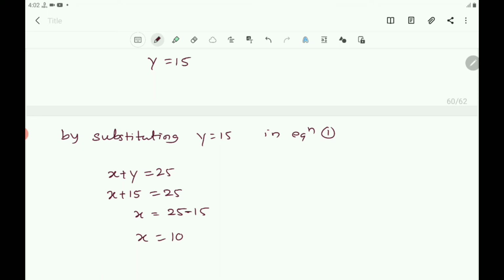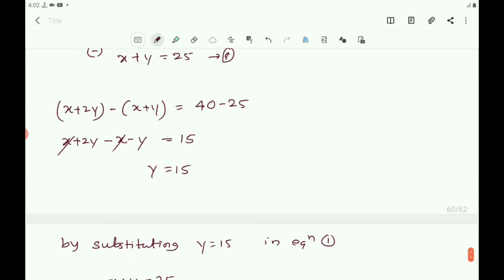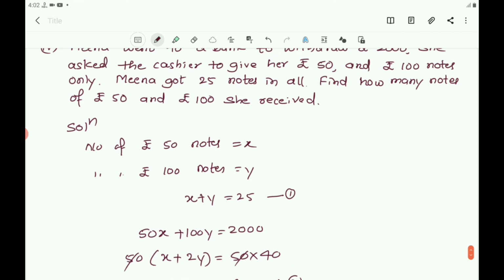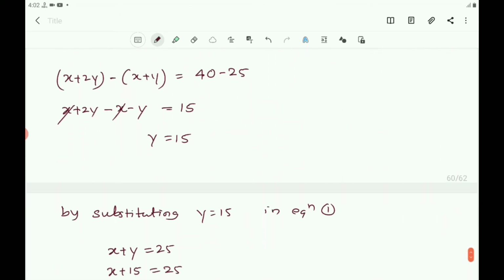So what you can see here? Here 50 rupees notes are 10 and 100 rupees notes are 15. How many 50 rupees notes are there? 10. How many 100 rupees notes are there? 15.